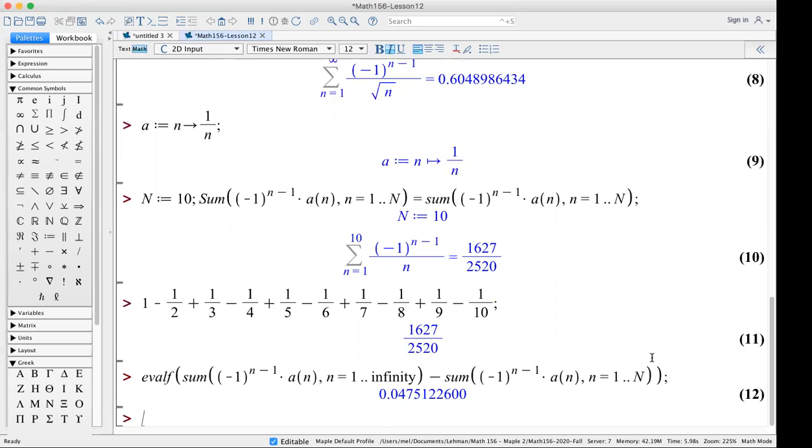And the beautiful theorem about alternating series tells you the following.